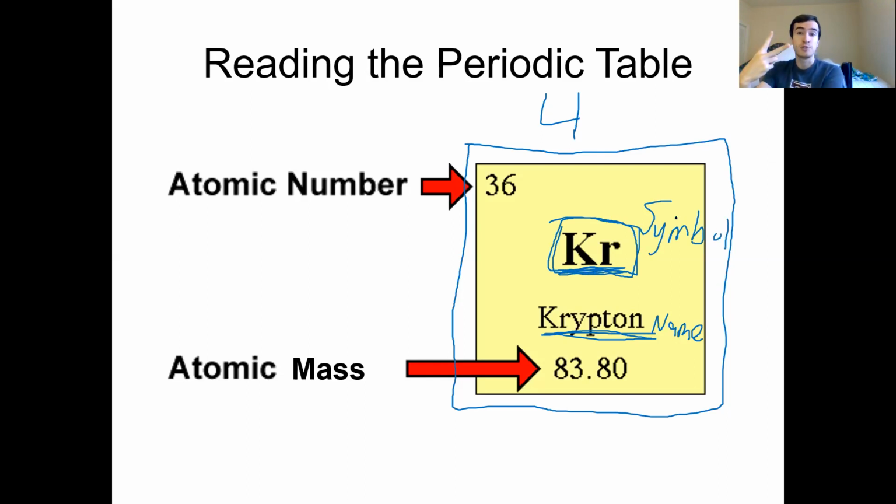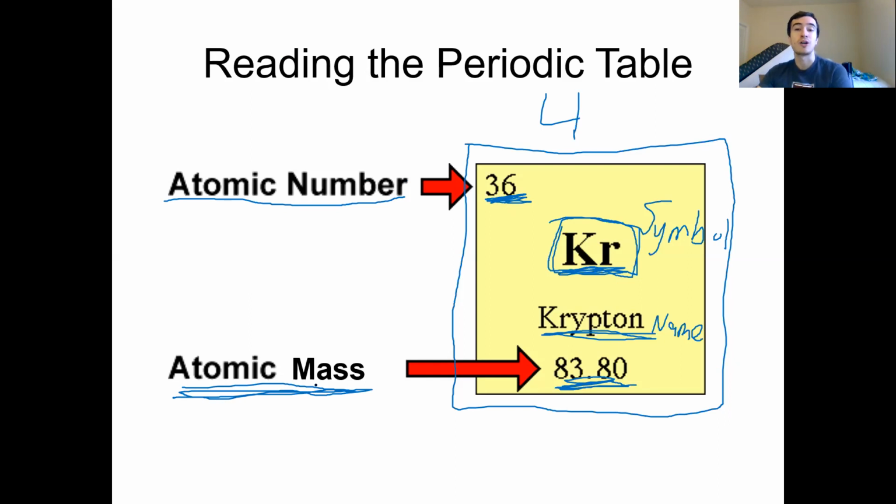We then have 2 numbers on our periodic table box. We've got a smaller number, usually written at the top of the box, and a larger number, usually written down here at the bottom of the box. The top number is the atomic number, and the bottom number is the atomic mass. Every single atom on the periodic table has a different atomic number and a different atomic mass.